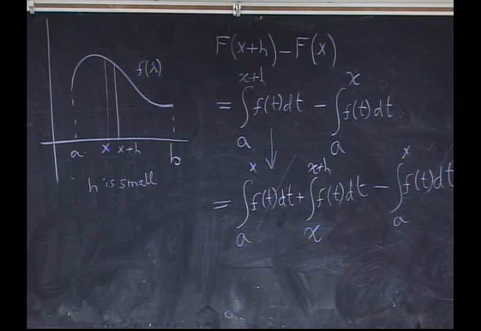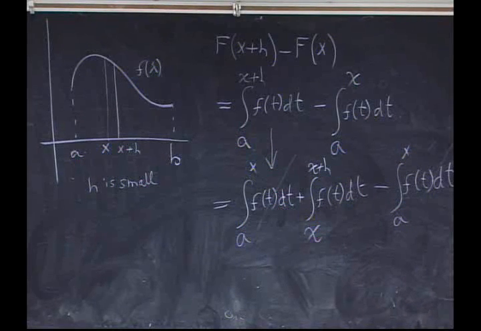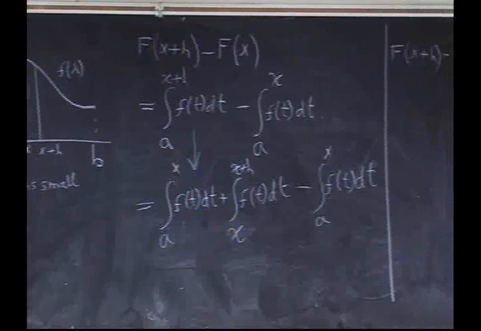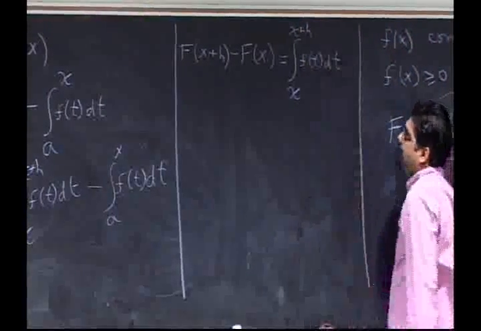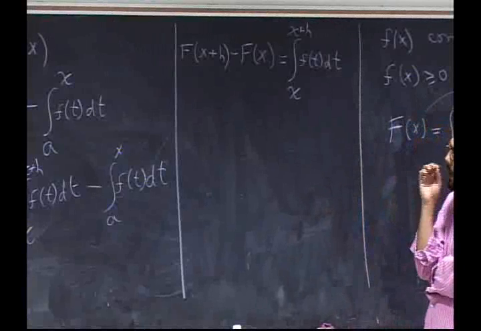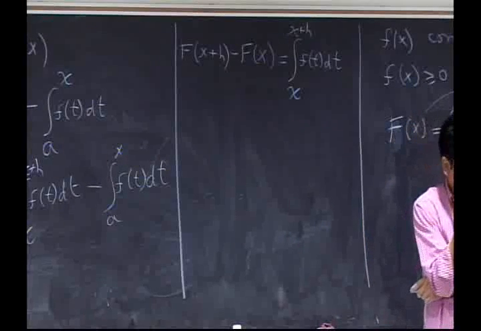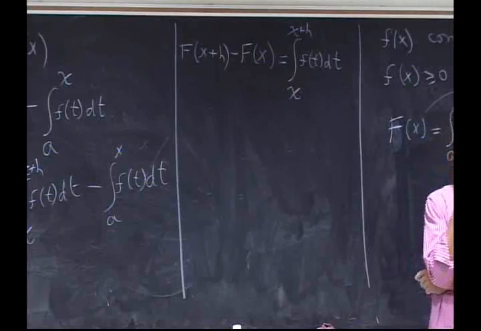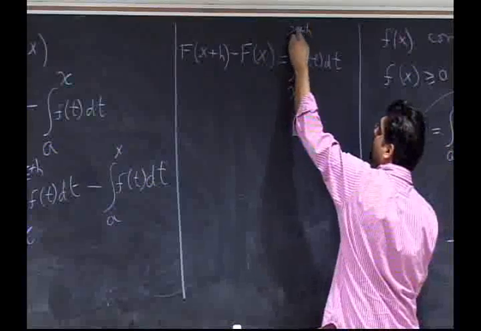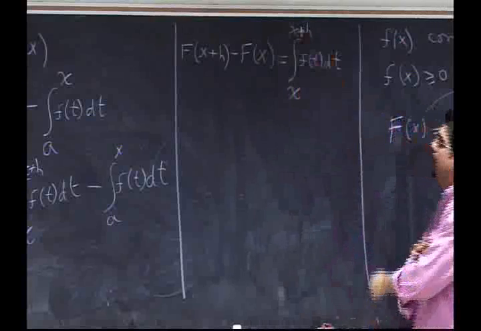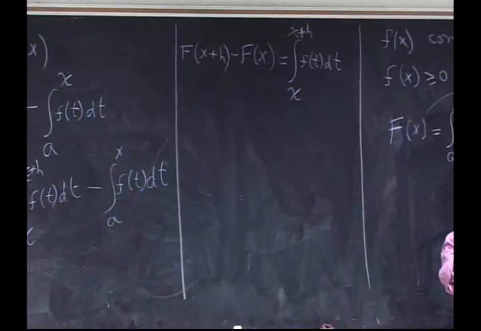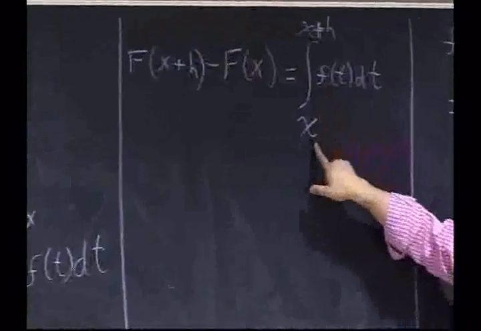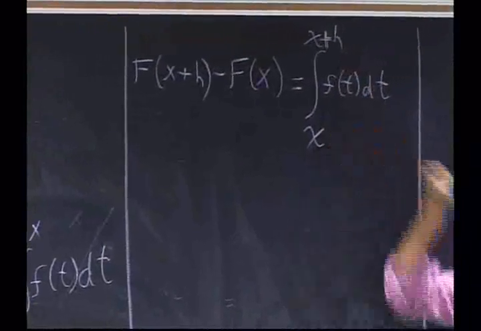So let me summarize what we have so far: F of x plus h minus F of x. Here we're going to use the fact that little f is continuous very, very carefully. We're trying to integrate f over this small region, x to x plus h.